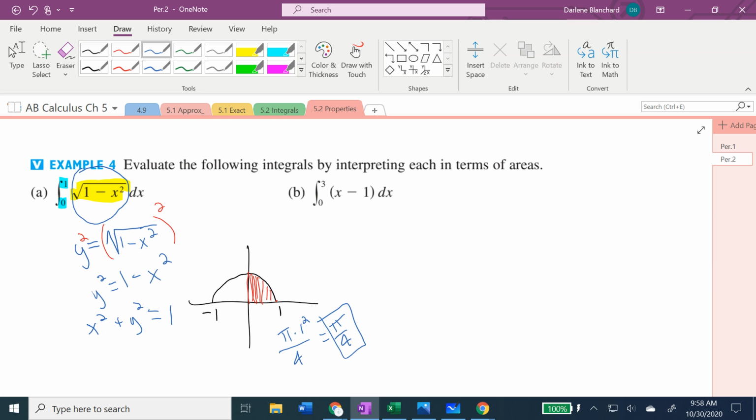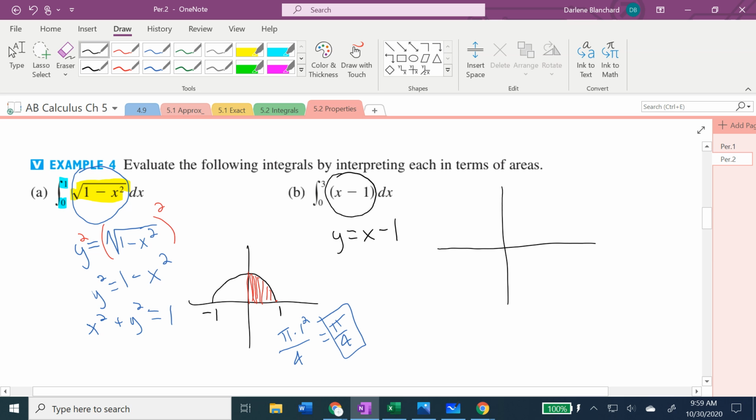Now, for part B, you're going to take the integrand, set it equal to y, and graph that function. Everybody's graphing. You know what?